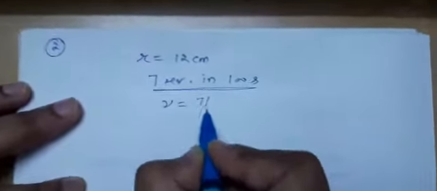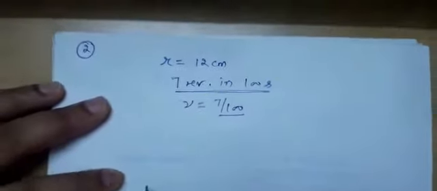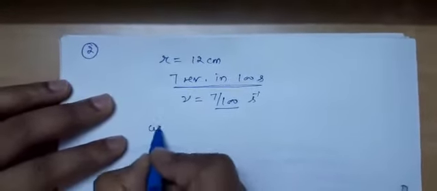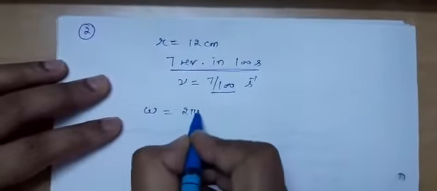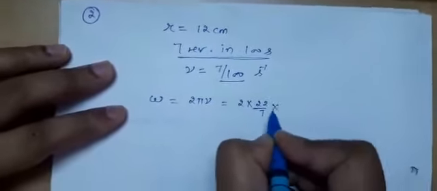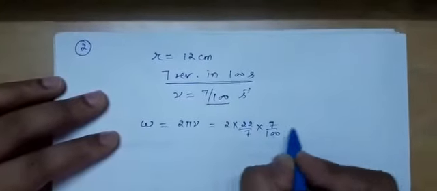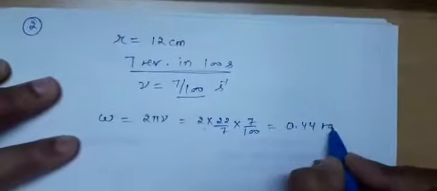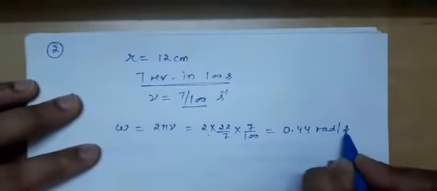It will be 7 upon 100, the number of revolutions completed per second, right? Now we have to calculate angular speed and linear speed. Angular speed omega is 2 pi into nu. So 2 into 22 by 7 into 7 by 100. So it is 0.44. You can check, this is 0.44 radian per second.